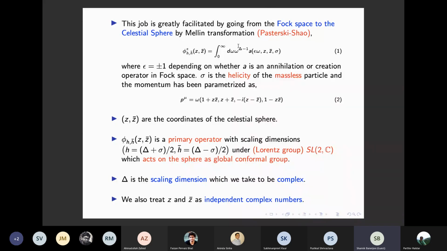It is the same delta which is there in this integral transformation, and sigma is essentially the helicity of the massless field.